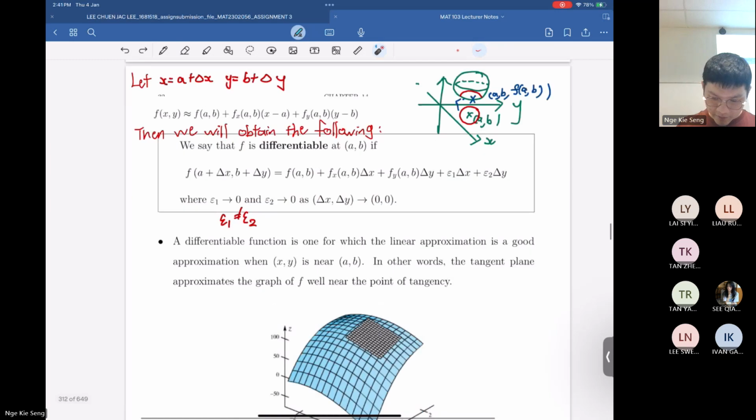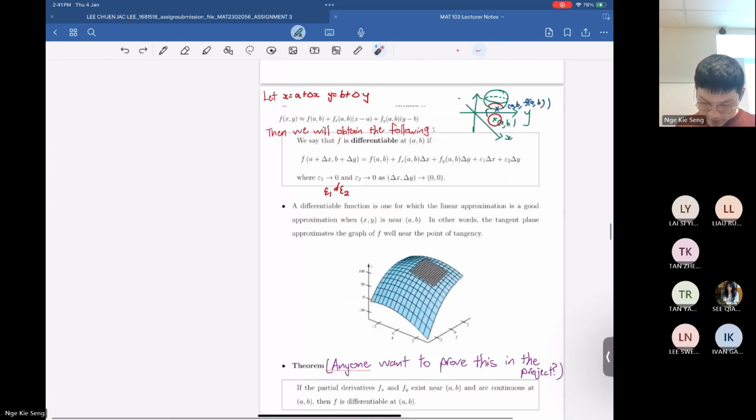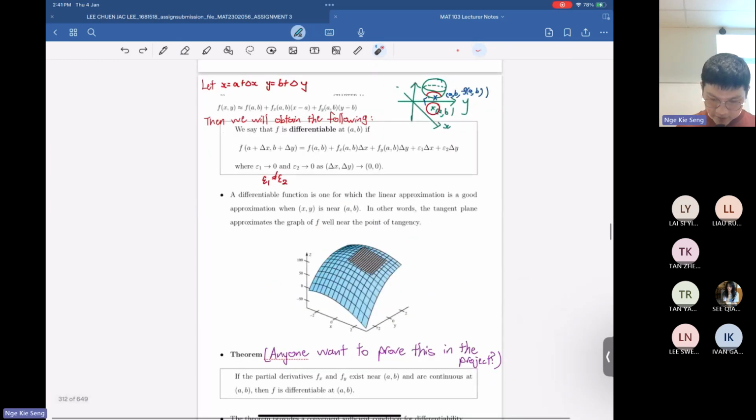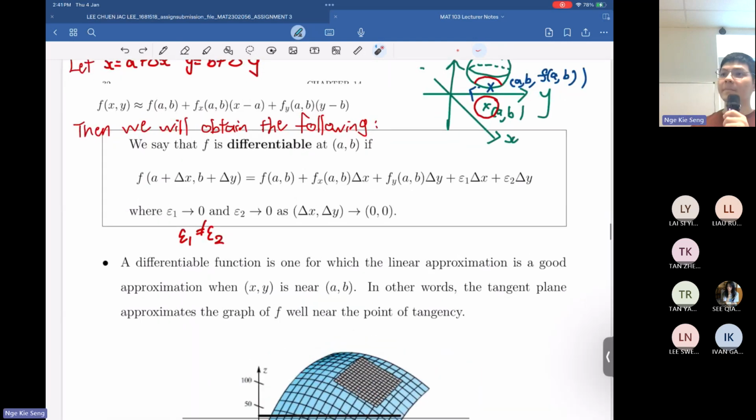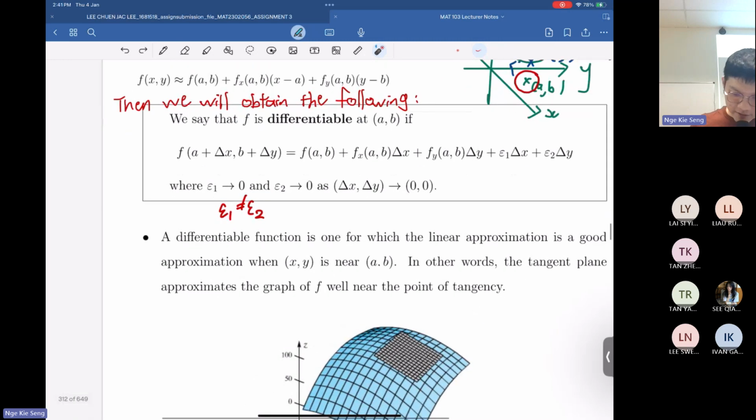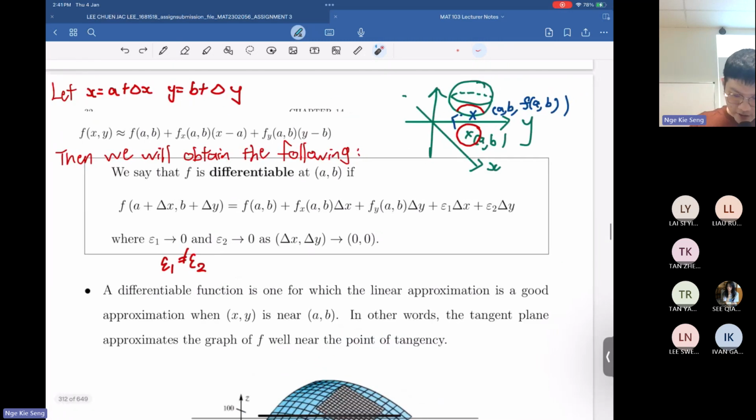Okay. Where is delta Z? Are you talking about this term here? So I'm talking about the difference between these two terms.